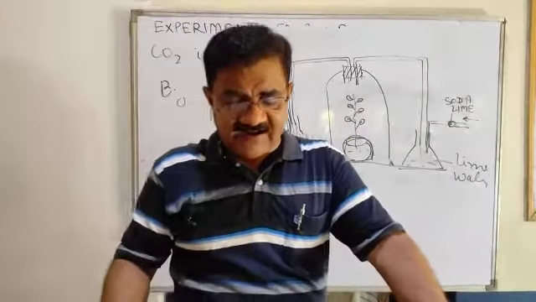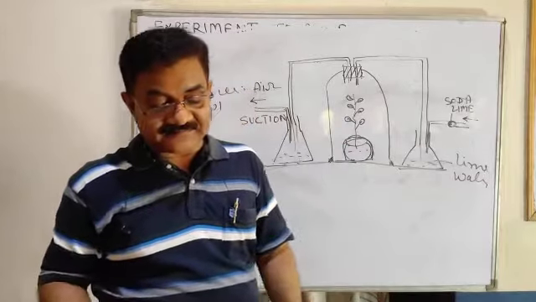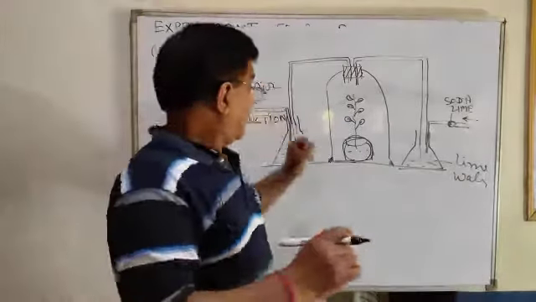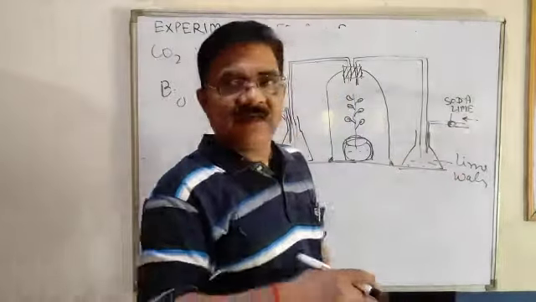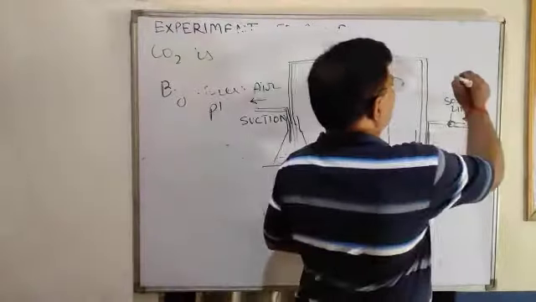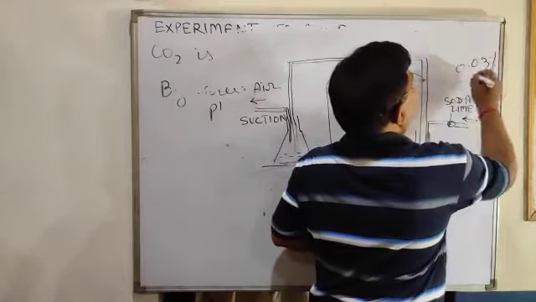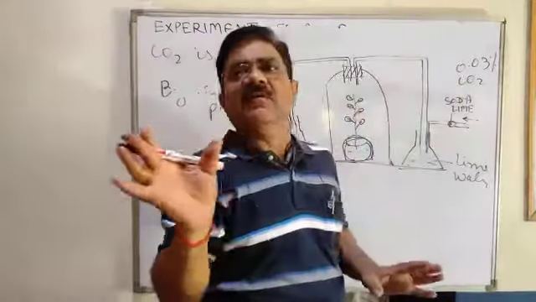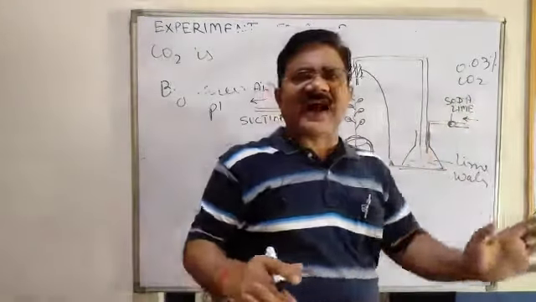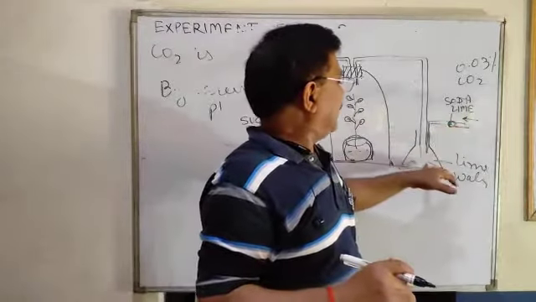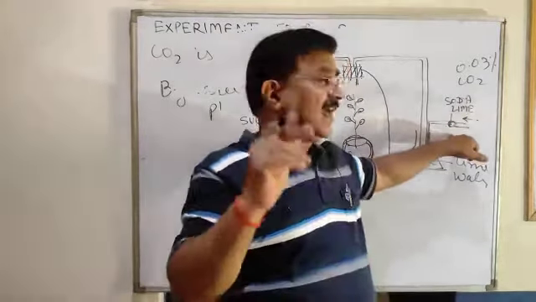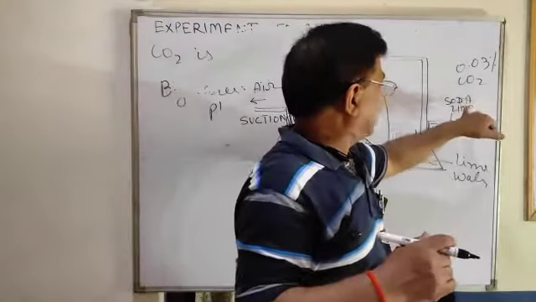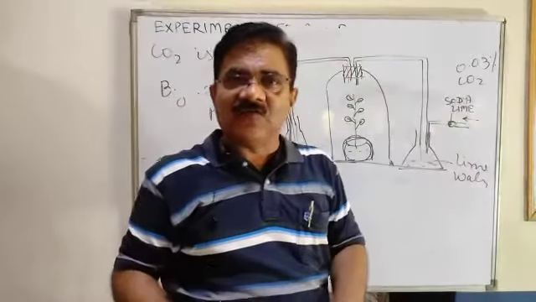Now try to understand what happens. If air is sucked from this side, air will come from outside, from the atmosphere, and in the atmosphere 0.03% carbon dioxide is there. That is negligible. So a negligible amount of carbon dioxide is coming toward this lime water, and that carbon dioxide is also absorbed by the soda lime.